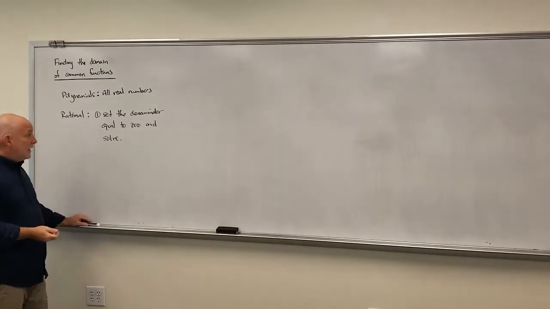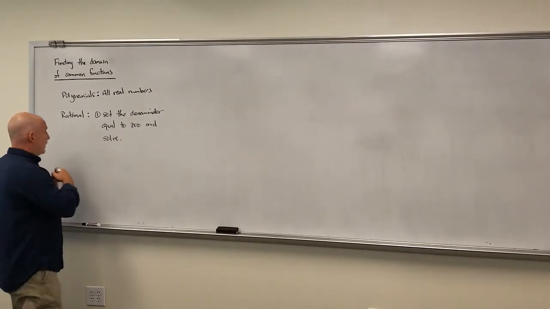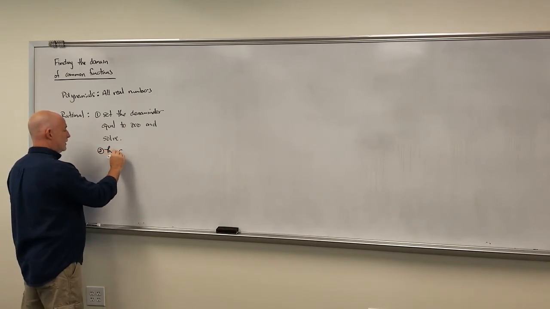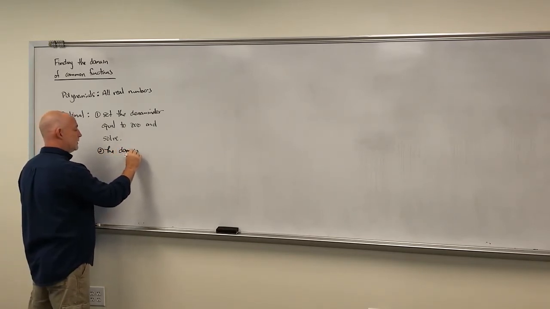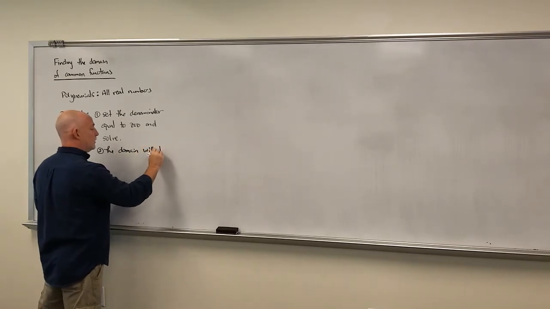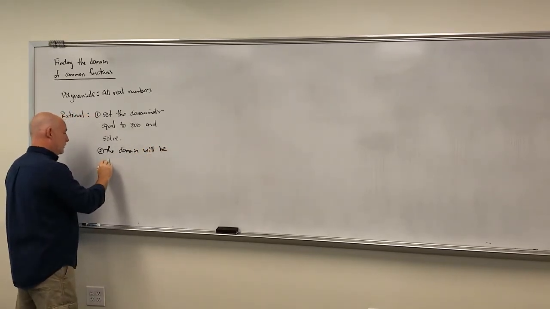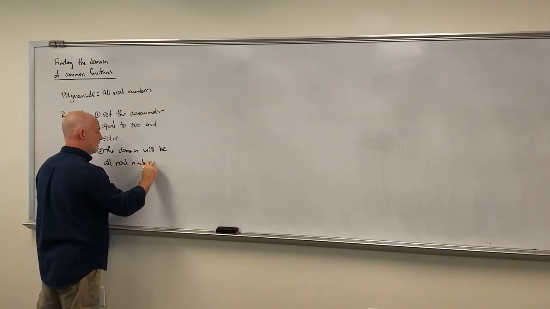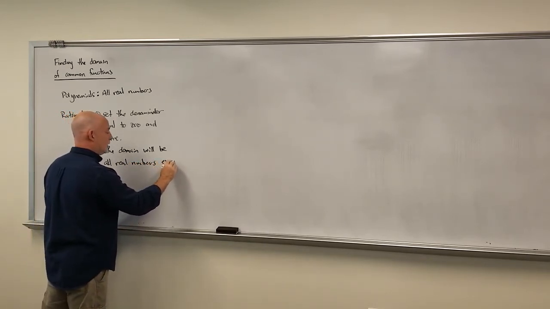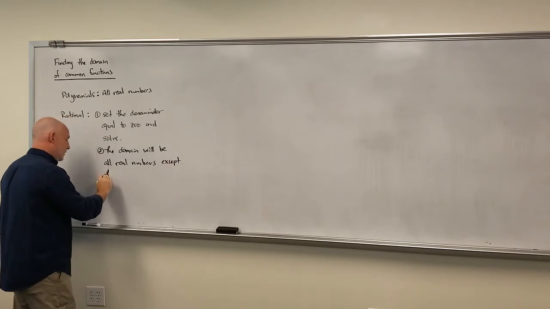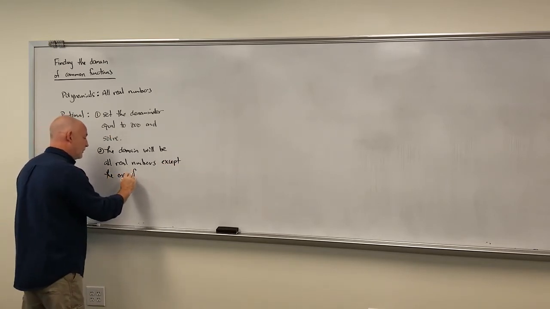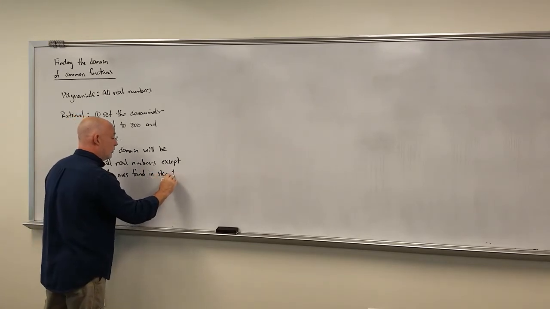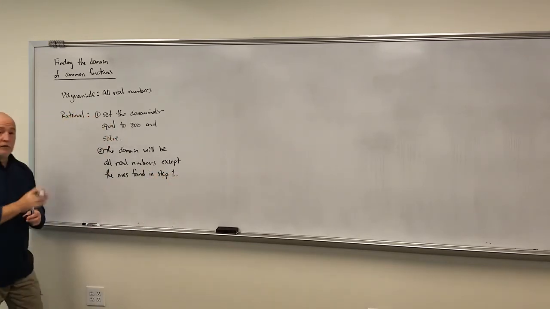Remember, we're not allowed to have those values, so the domain will be all real numbers except the ones found in step 1. Okay, we'll get an example of this in a second.